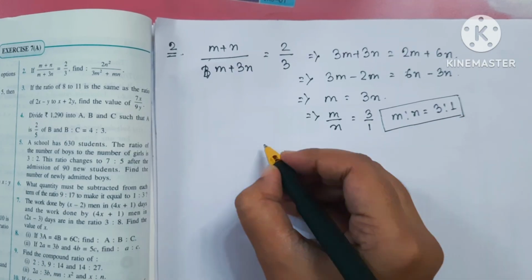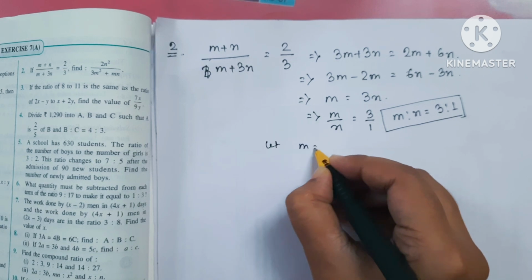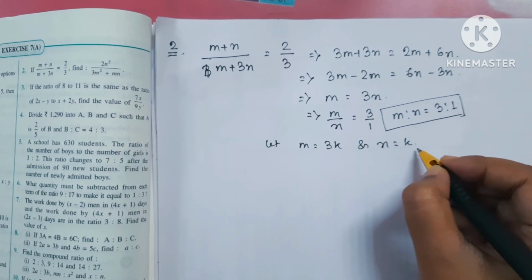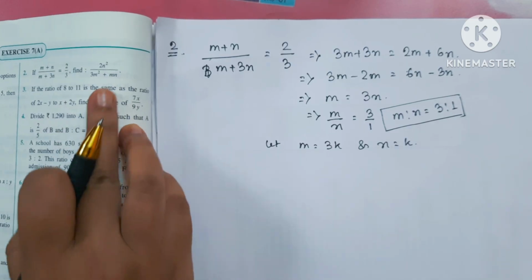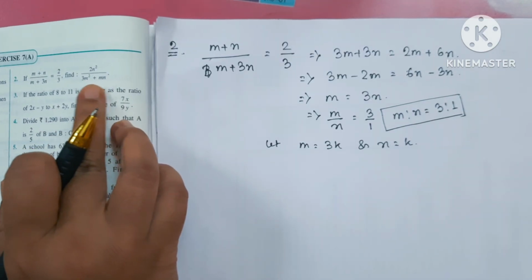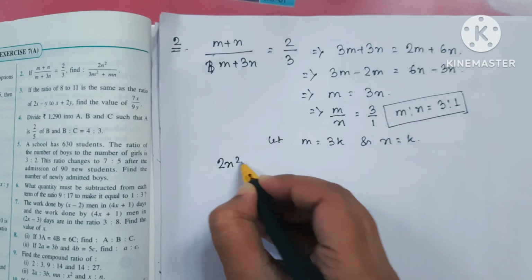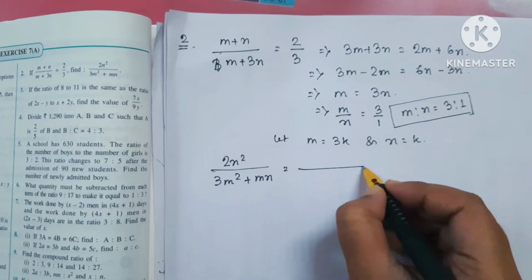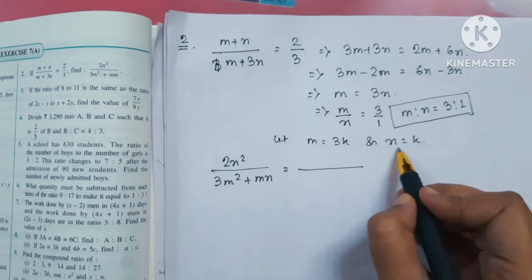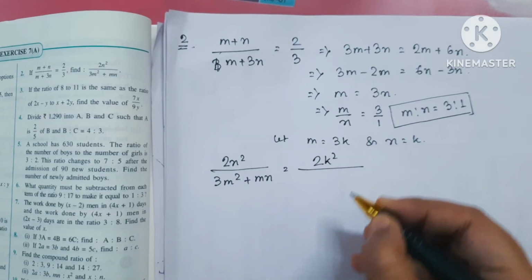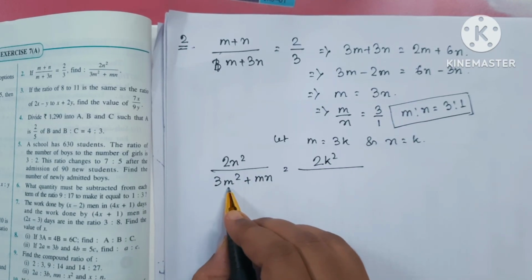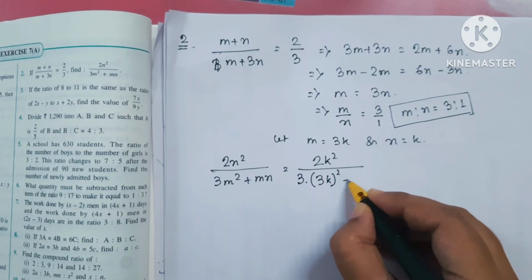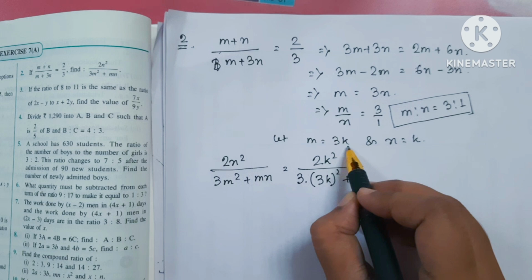Now from here you can say, let m equal to 3k and n equal to 1 into k, that is k. Now see, you have to find the value of this expression. So 2n square by 3m square plus mn, you have to put the value of n and m. So 2k square, now 3 into m square, so 3 into 3k square, plus m into n, that means 3k into k.